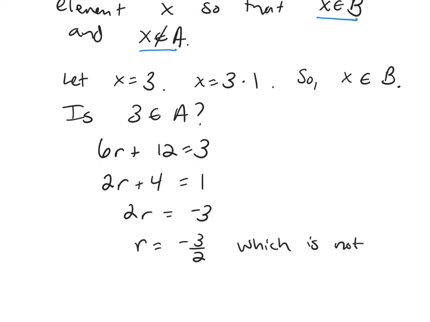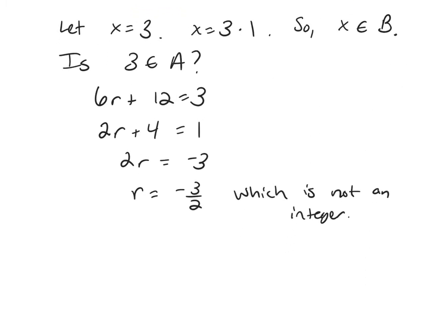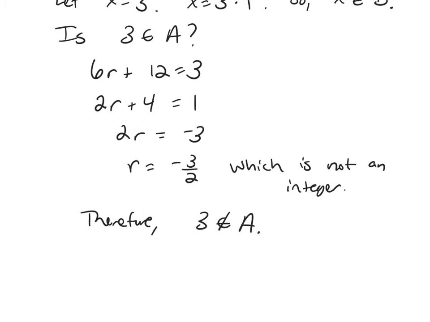So r is not an integer. Therefore, 3 is not in A. Okay, so I found my element that is in B. It's a multiple of 3, but I can't write it as 6 times an integer plus 12.